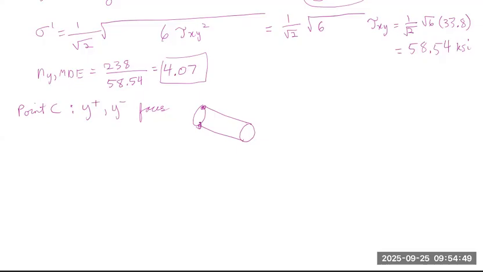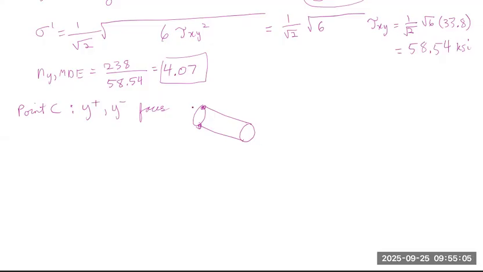So for these two locations, we have shear stress due to torsion and a normal stress due to bending, but we don't have transverse shear stress.